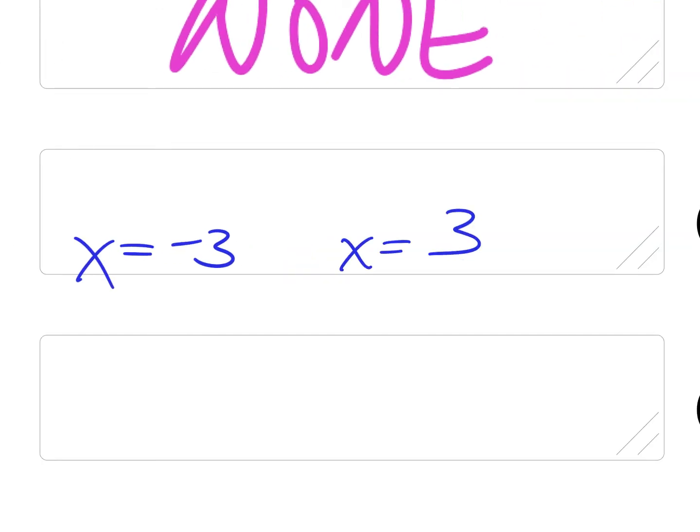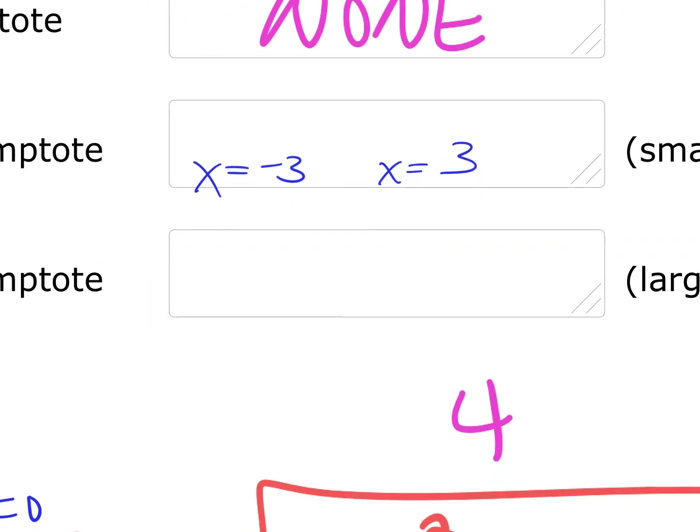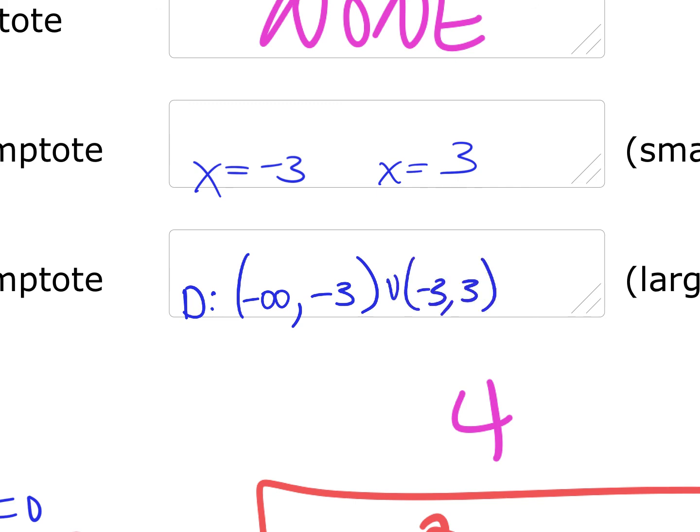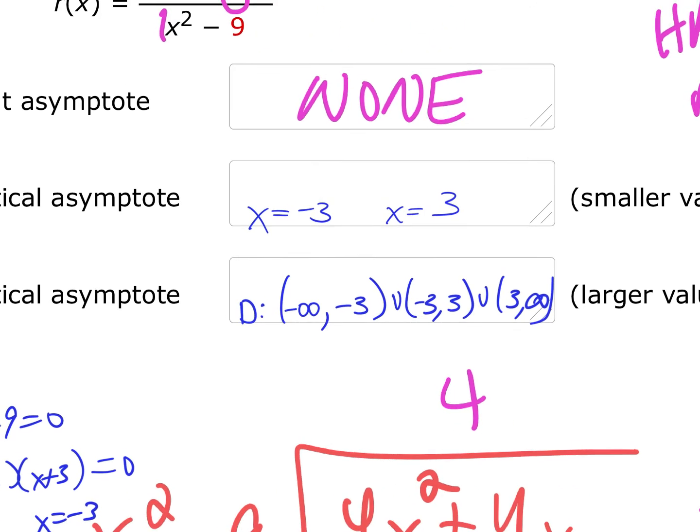It doesn't matter whether the negative or positive is written first. But based upon those asymptotes, what's my domain? Negative infinity to negative 3, union, negative 3 to 3, and then 3 to infinity. Perfect. Good job. Very good job.